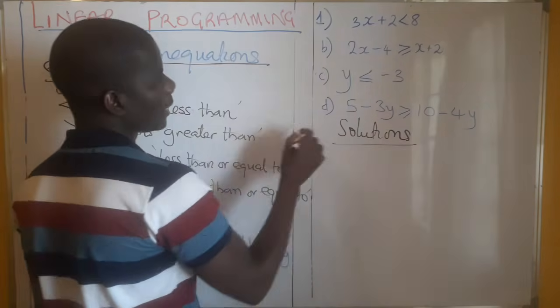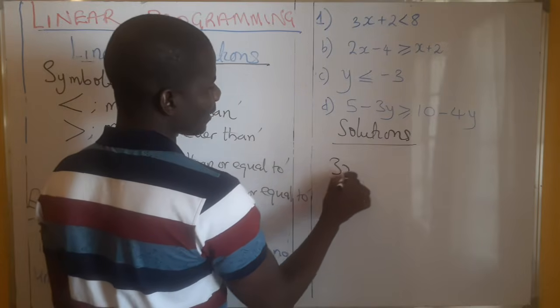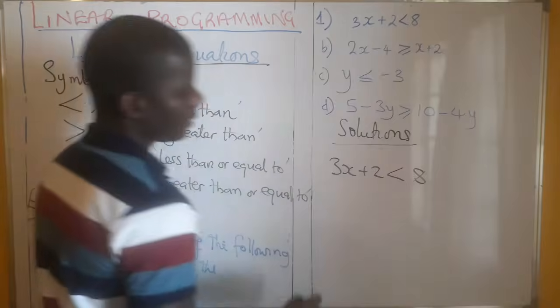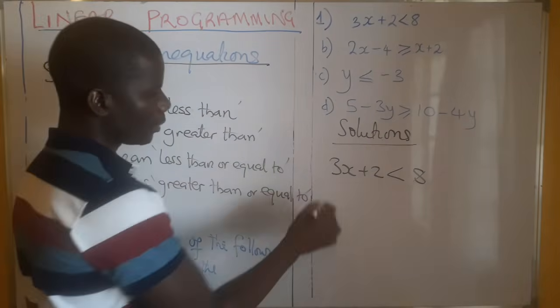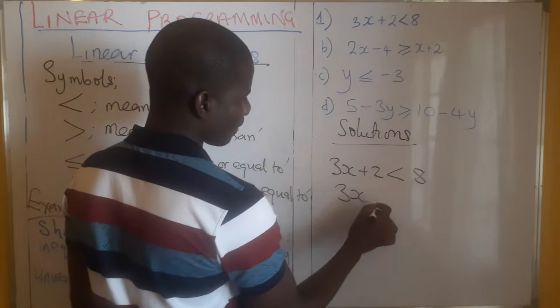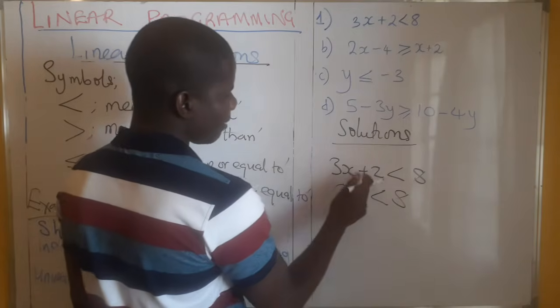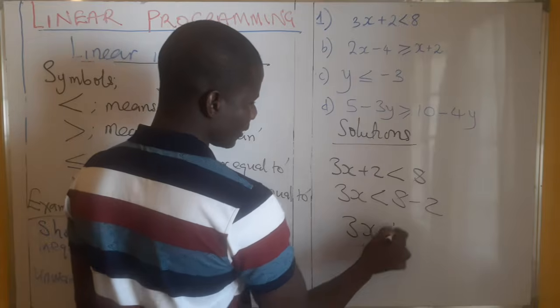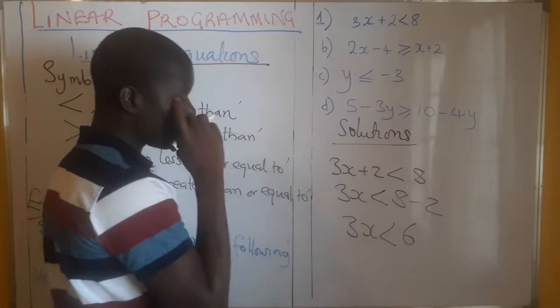The first one, we have 3x plus 2 less than 8. So we need to solve this. The inverse of plus is minus, so we have 3x less than 6.